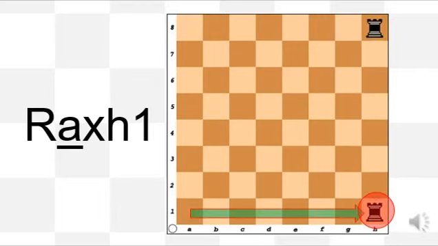The second way to write the notation for this capture would be using the other rook that was on A1, be capital R, and then A, since it is coming from file A, and then X H1.